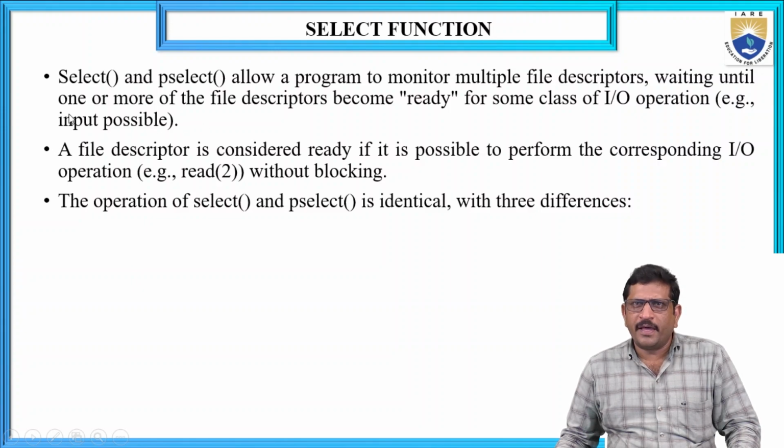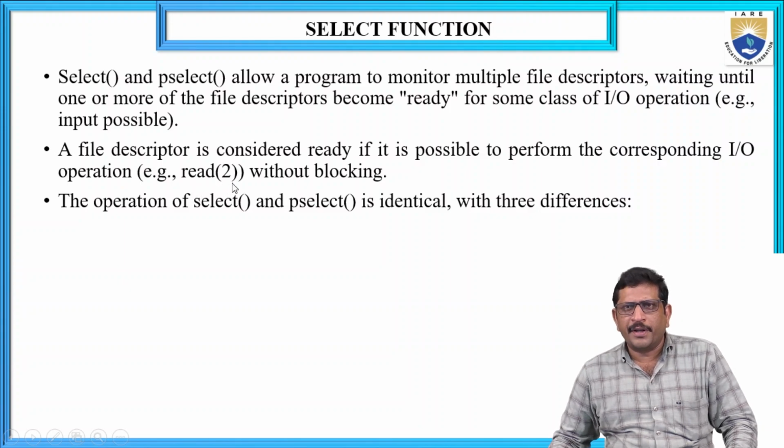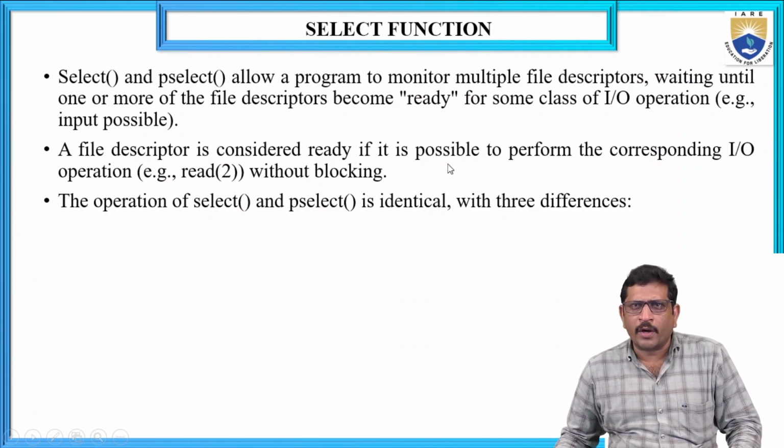A file descriptor is considered ready if it is possible to perform the corresponding input or output operation, for example, a read without blocking. That can be read without blocking.